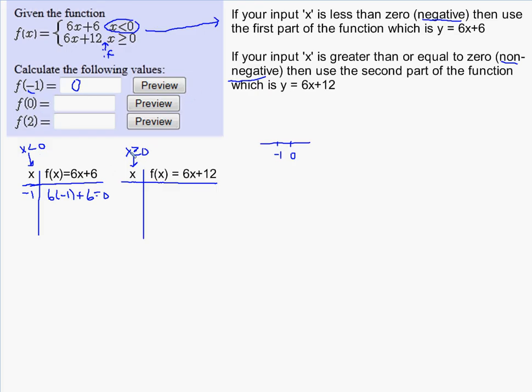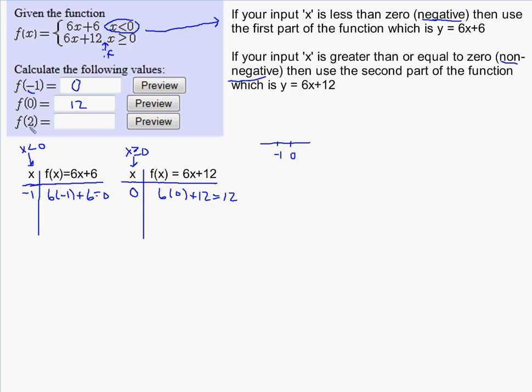So 0 does satisfy this inequality here. 0 is greater than or equal to 0. So it says use the second piece, and it's as simple as plugging 0 into the second piece of the function. So you'd have 6 times 0 plus 12, and that clearly is 12. So f of 0 would be 12.